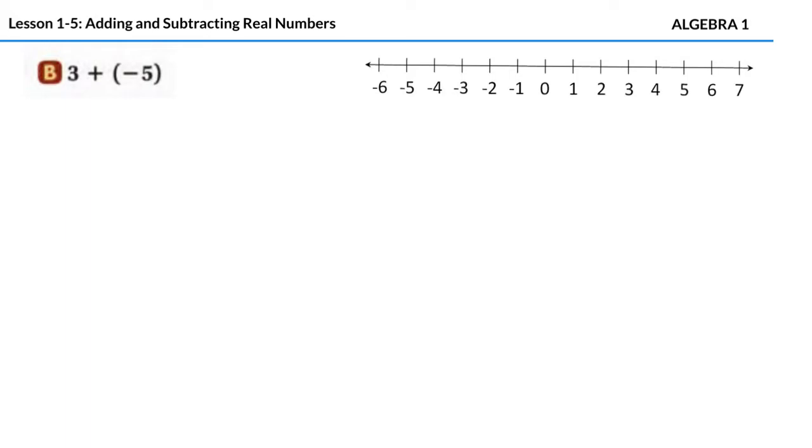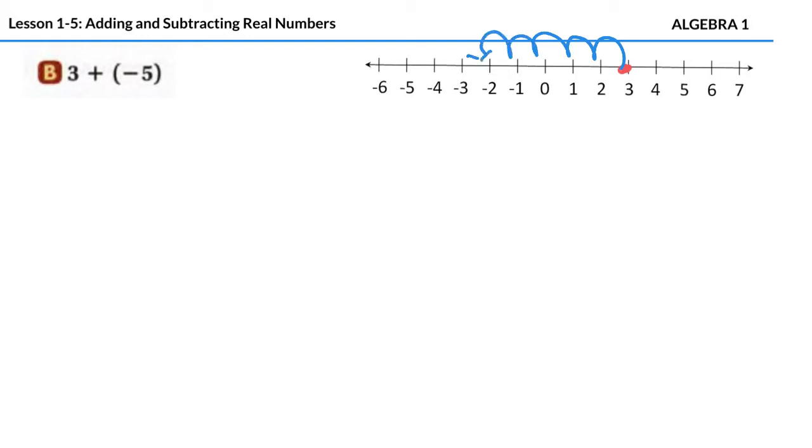Okay, so 3 plus negative 5. So we start with 3. This is a basic number line, so we place it at 3. Now can you guess which side we are going to move? The number added is a negative number. So we will move left by 5 units. So if we move left 5 units, we get 1, 2, 3, 4, 5.